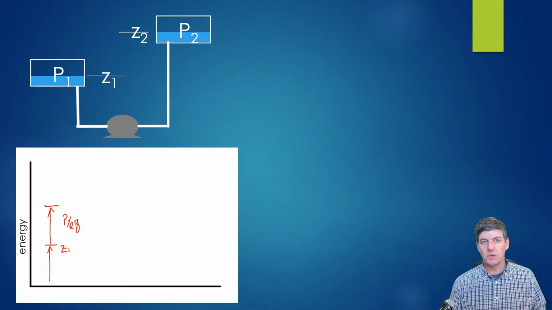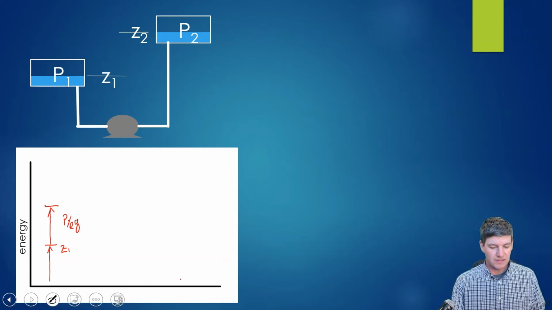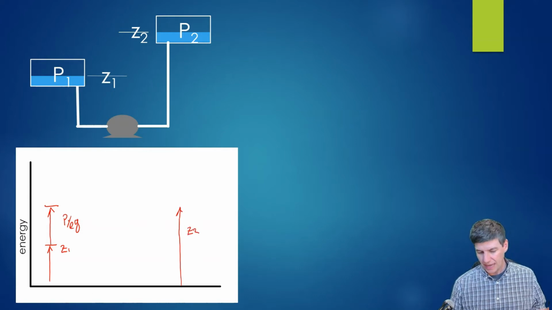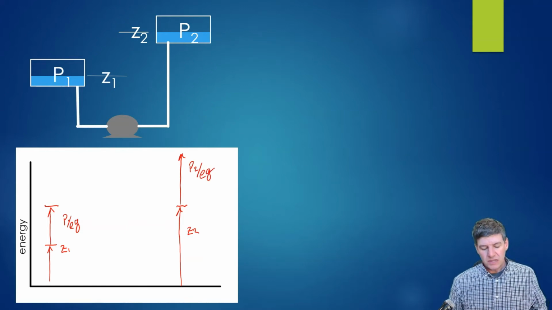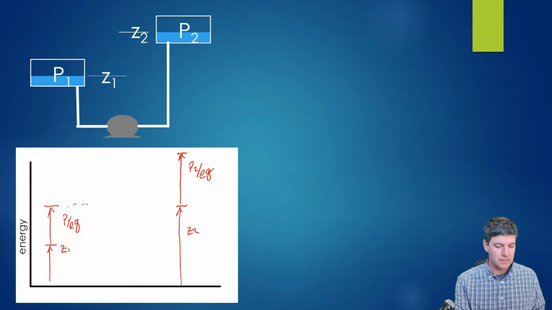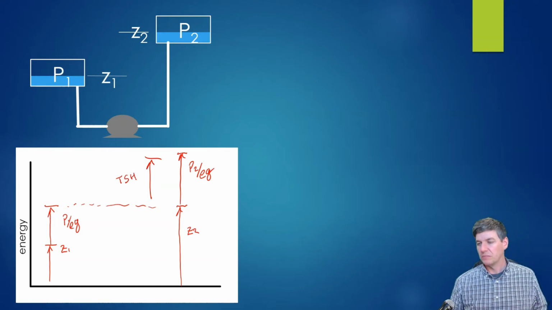And if we consider what happens at the other side, at our point number 2, we're going to have a larger amount of energy in the form of static head, the Z2 value. And then, who knows what we have for our pressure at number 2, but we've got pressure 2 over rho g. So you can see somewhere along the line, we've increased in the total amount of head, and the difference between these two would really be our total static head, considering the pressurized tank.